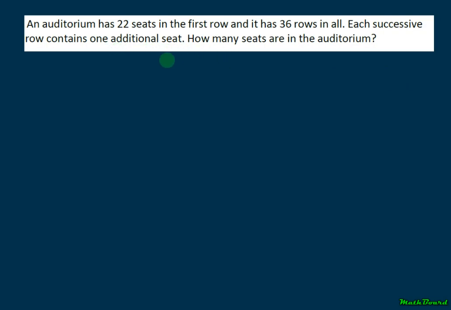There is a common difference of 1. So if we find the given here, the auditorium has 22 seats in the first row. That's the first term, that's 22. And it has 36 rows. So in total, the number of rows is 36. And the common difference is 1.